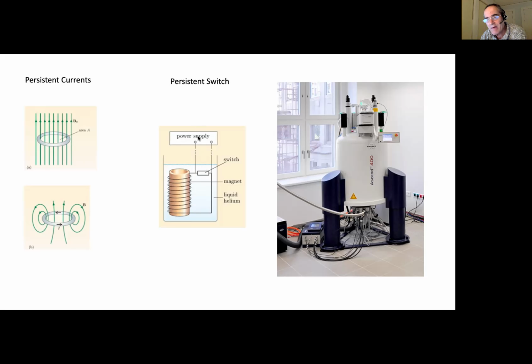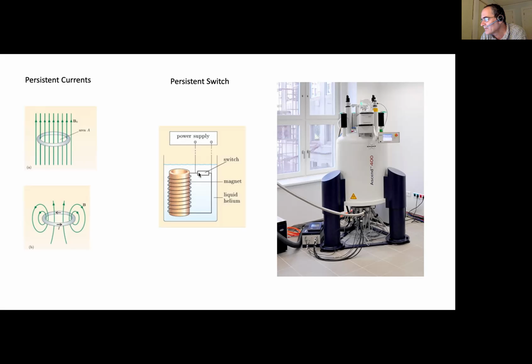And then we turn on the power supply like usual to induce a current in the superconducting magnet. We bring it up to the field that we want. But once we reach the field that we want, we close the superconducting switch. Now we have a superconducting loop that runs through the magnet and then up to here and then through the switch, now closed.